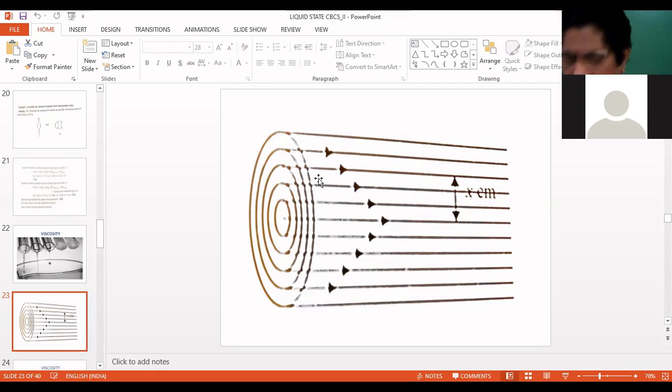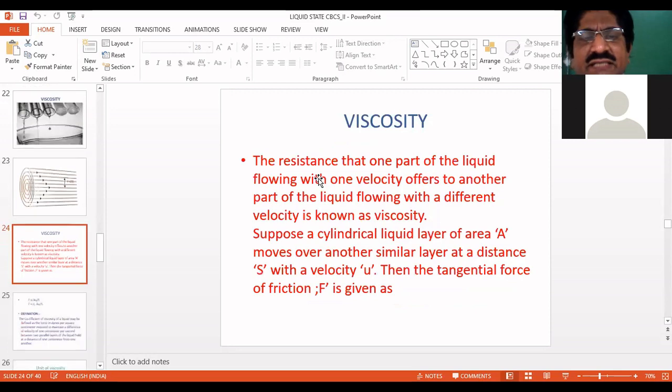Based on that, the theory is explained that the resistance that one part of the liquid flowing with one velocity offers to another part of the liquid flowing with a different velocity is known as the viscosity.